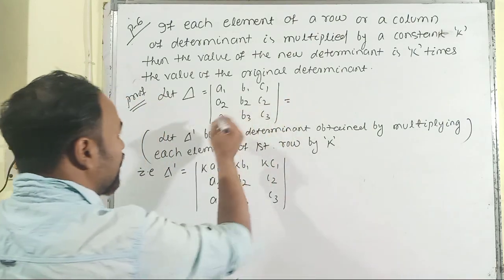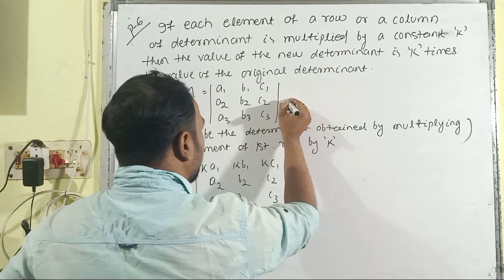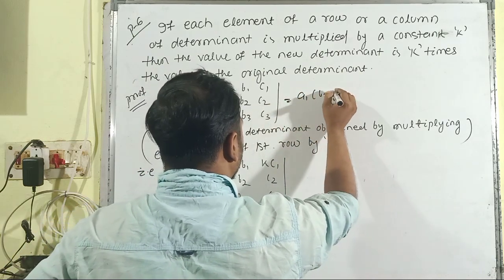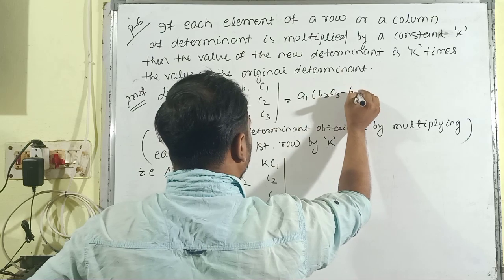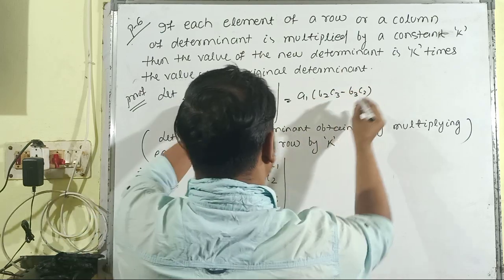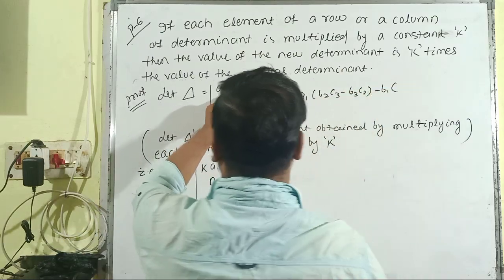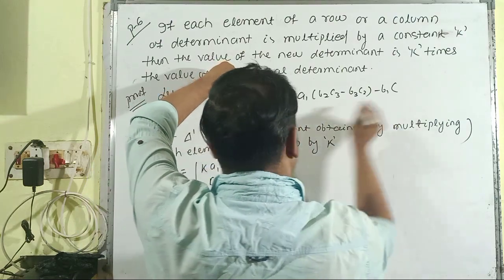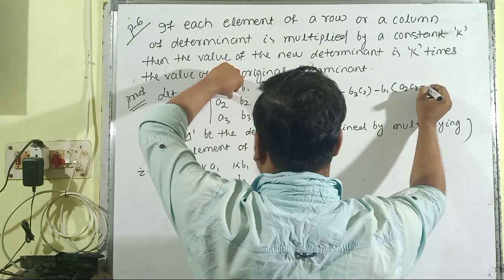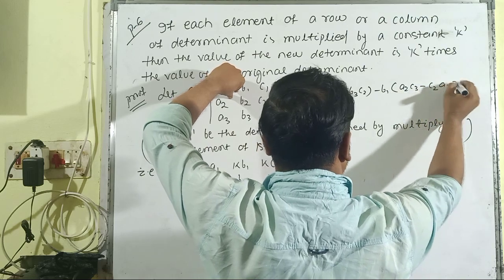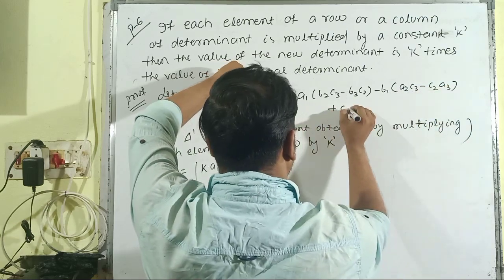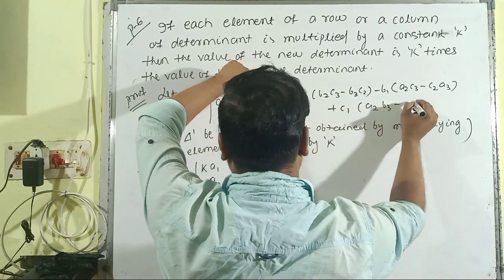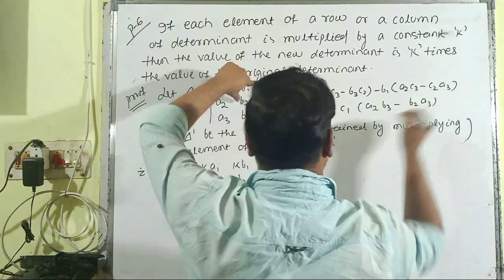And you can see that this value is equal to a1 times (b2 c3 minus b3 c2), then minus b1 multiplied with (a2 c3 minus c2 a3), then plus c1 multiplied with (a2 b3 minus b2 a3).